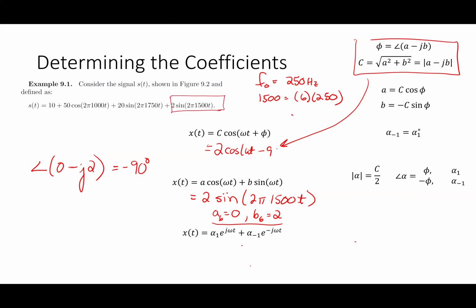Okay. So this guy is that. Now, to get to the alpha values in this form of the series, what I know is that alpha is C over 2, and the angle of alpha is the same as the angle of phi. So I see that C6 equals 2, phi 6 equals negative 90. So help me out to figure out alpha 6.